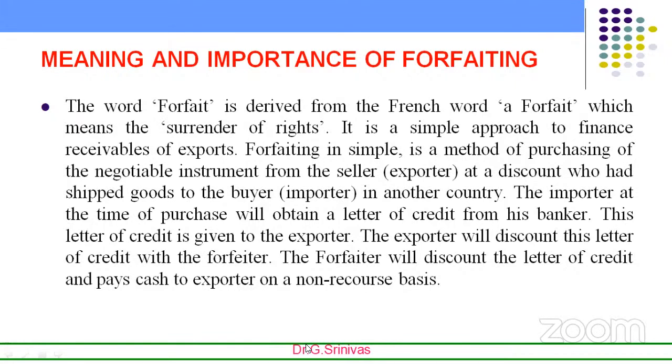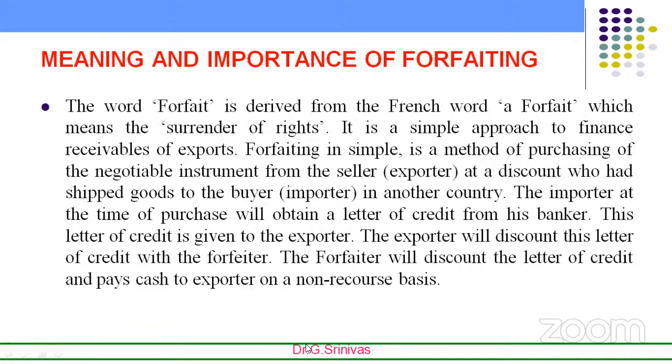Forfeiting, in simple terms, is a method of purchasing a negotiable instrument from the seller. Here seller means exporter, at a discount, who has shipped goods to the buyer. Here buyer means importer in another country.